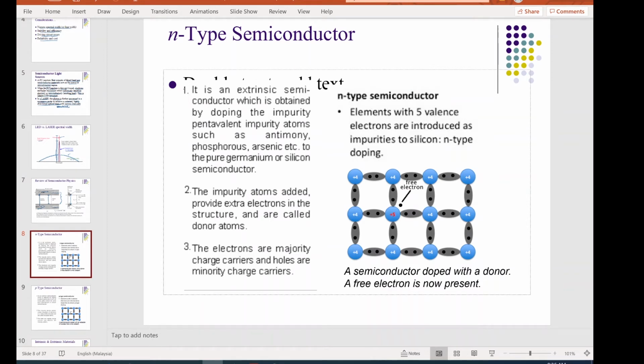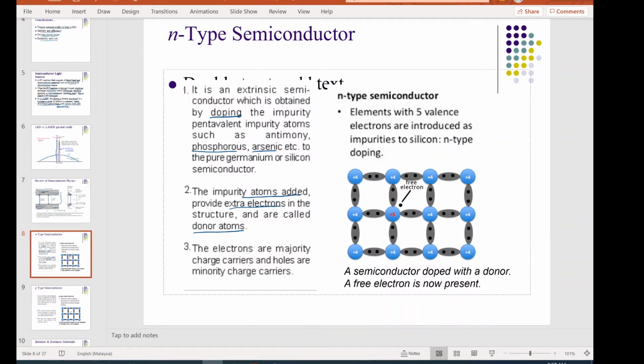For n-type semiconductor, we can achieve n-type by doping. For example, we can dope silicon with phosphorus, arsenic, and so on. When we add the extra atom or impurity, we provide an extra electron, and this we call a donor atom.